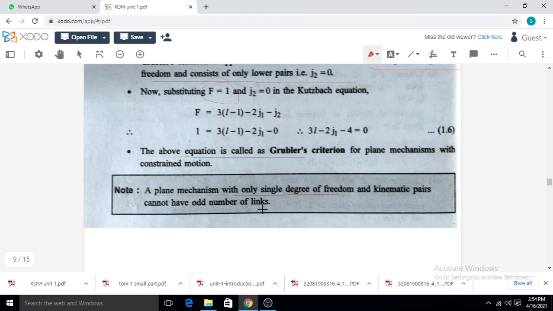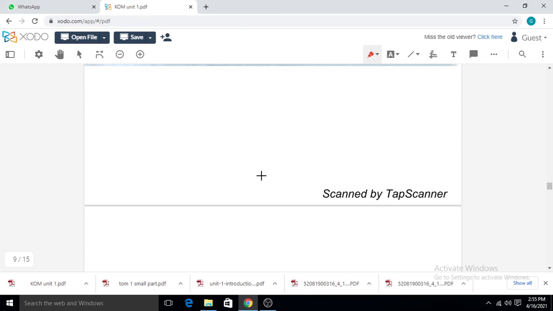Means if the degree of freedom of the mechanism is 1 and the mechanism is a planar mechanism, then the number of links present in such a mechanism is only even. An odd number of links cannot satisfy this Grubler criterion.